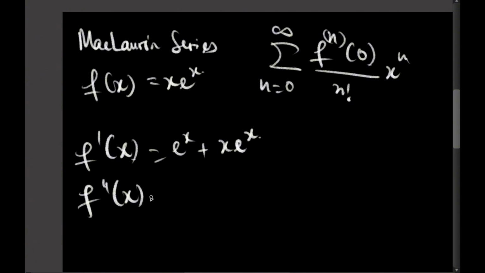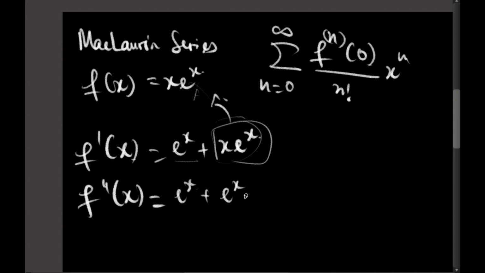And now for the second order derivative, the derivative of this is e to the power of x. And here, this part is actually the same as f(x), right? So basically, it's going to be 2 e to the power of x plus x e to the power of x.